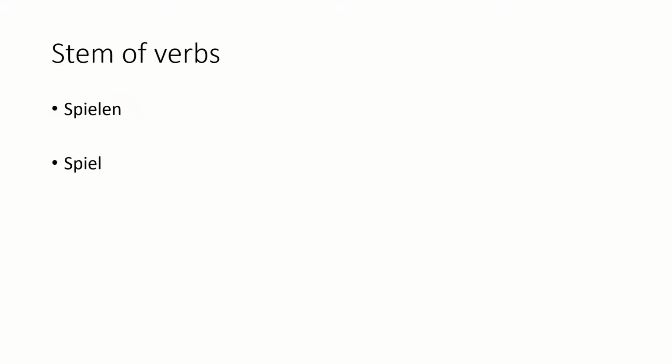So for spielen, you get rid of the en, and you get the stem spiel. And remember the pronunciation: you have to pronounce the e, because with the rule of ie and ei, you always pronounce the second vowel. So it's pronounced spiel, because you pronounce the e instead of the i.